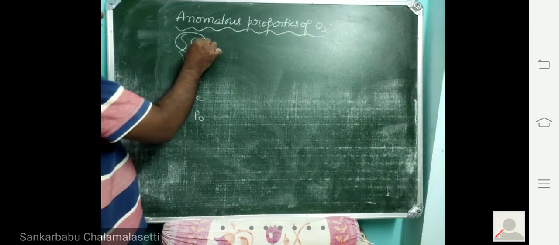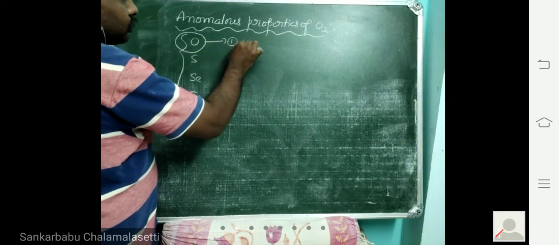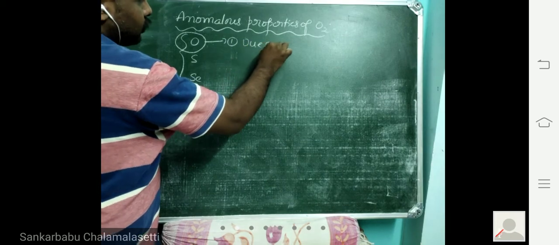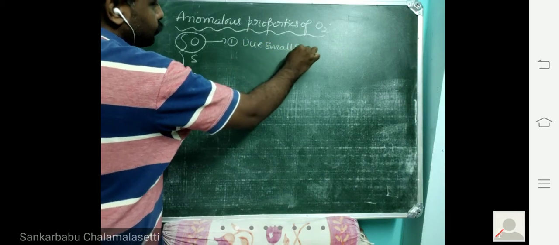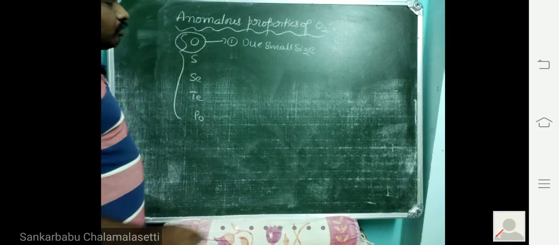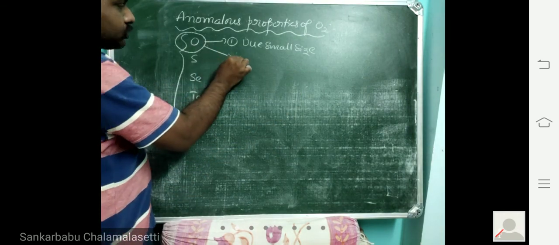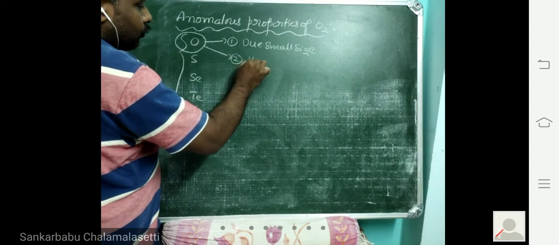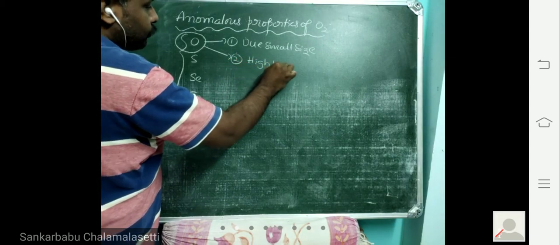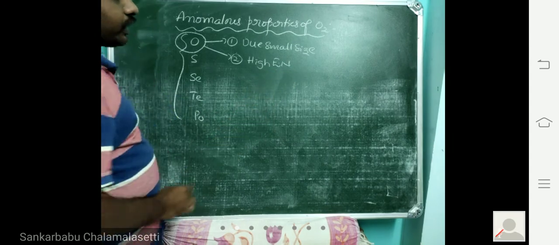The reason for this is, first, small size. In this group, oxygen has a small size. Second, oxygen is a highly electronegative element in this group, due to high electronegativity.